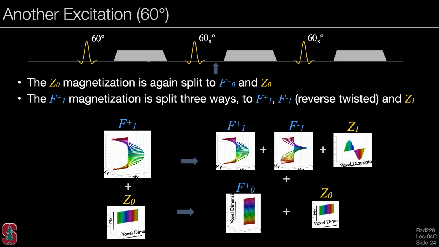The F plus sub 1 magnetization is split into F plus 1, F minus sub 1, and Z1 states, as we've seen before. So already after 2 RF pulses and a gradient, now we have magnetization in 5 different states here.